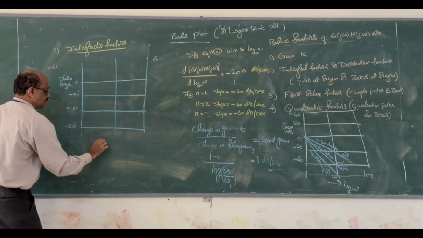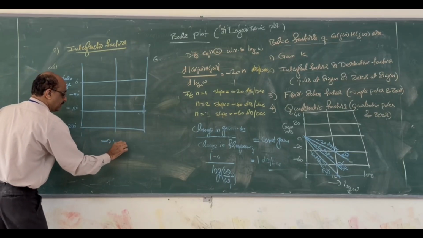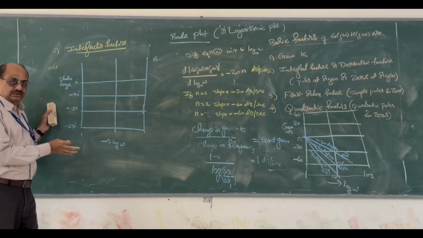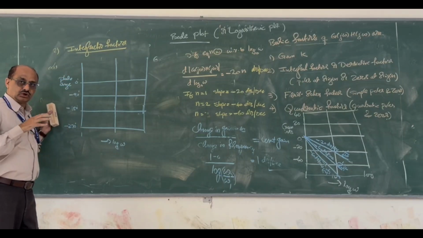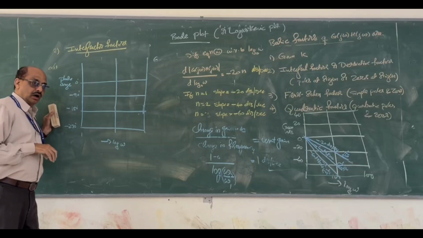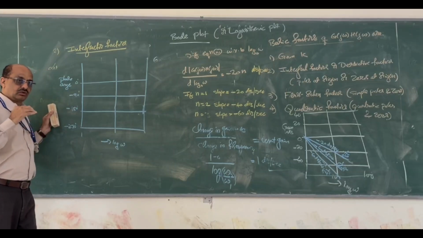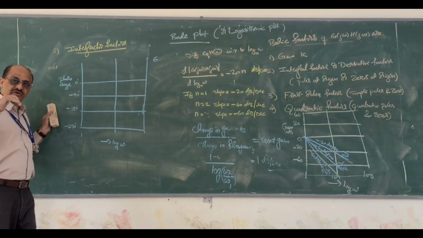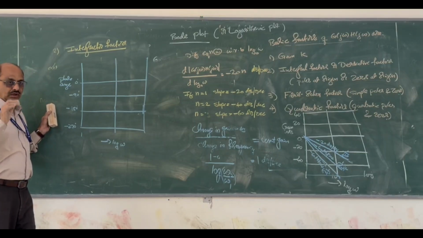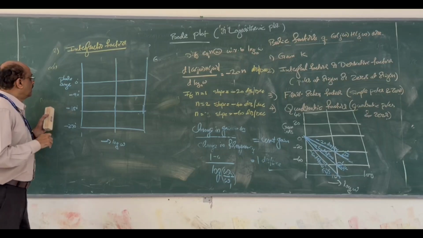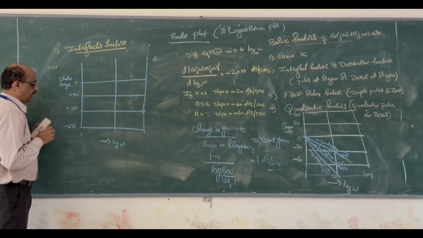Again it is log omega. Same, you have to plot it in the same sheet. So the magnitude plot at the top, and below that you have to sketch the phase angle plot. You should plot both of them together, one above and another below that. Again, I am showing separately anyway, right?